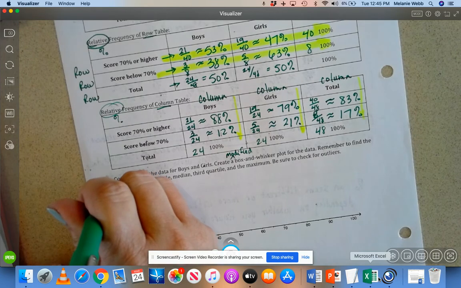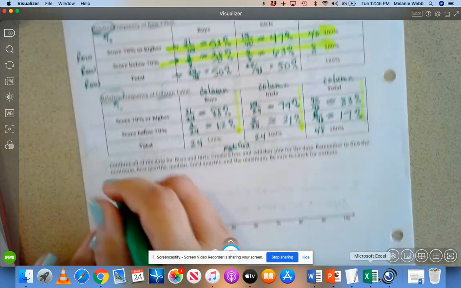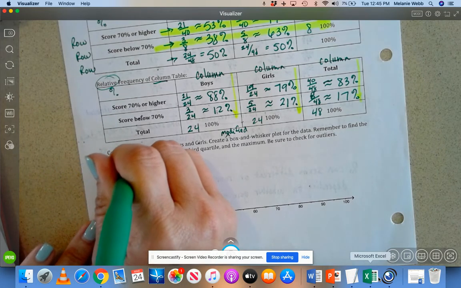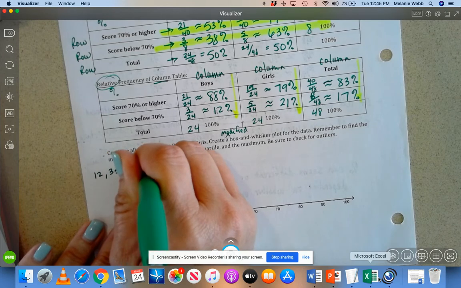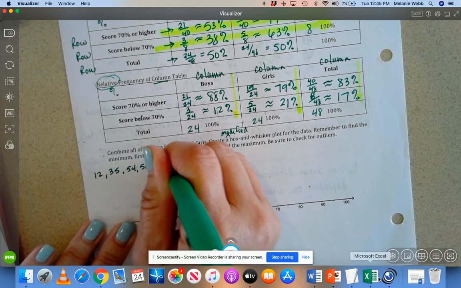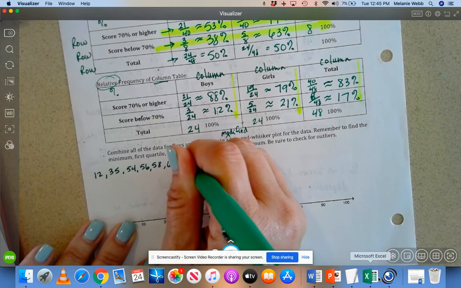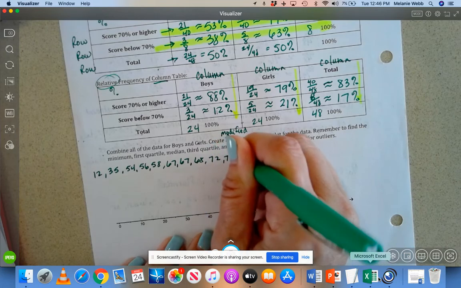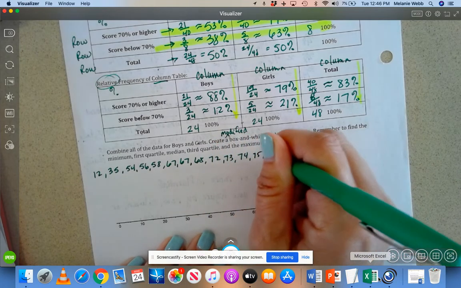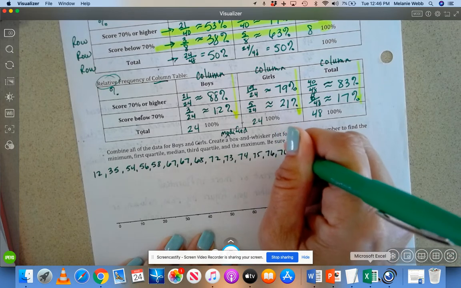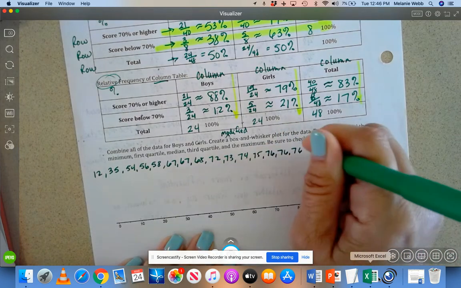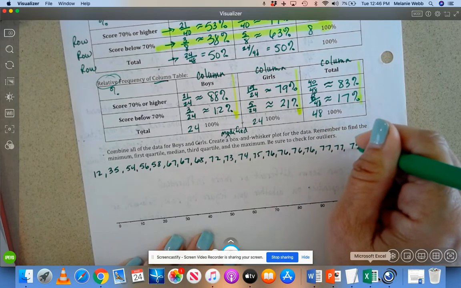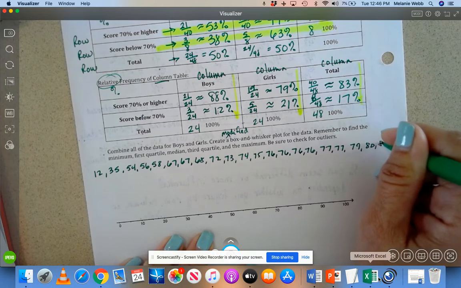So I listed them in order, like combined them, and it was 12, 35, 54, 56, 58, 67, 67, 68, 72, 73, 74, 75, 76, 76, 76, 76, 77, 77, 79, 80, 81. Then I had to go again.